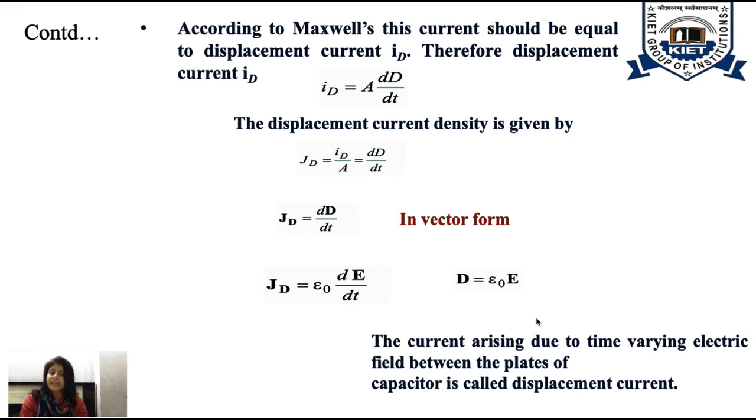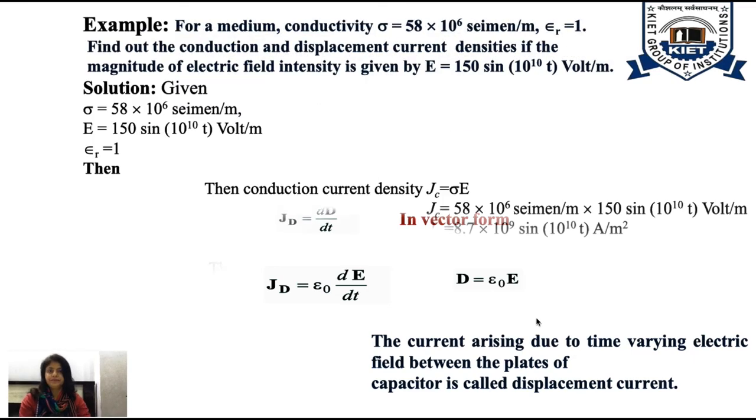Therefore, the current arising due to the time varying electric field between the plates of the capacitor is called displacement current. Hence, displacement current arises due to changing electric field between the plates of the capacitor. This is the concept of displacement current.